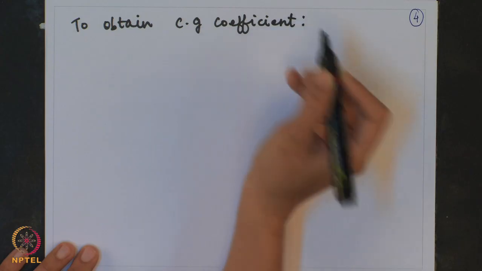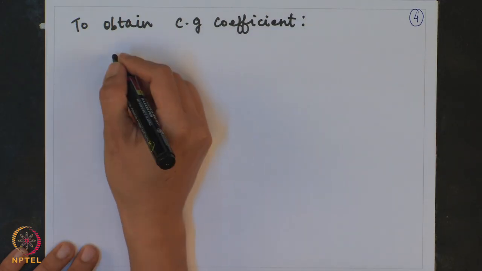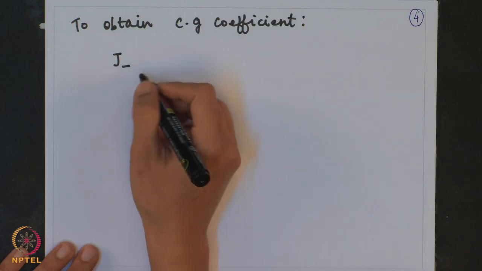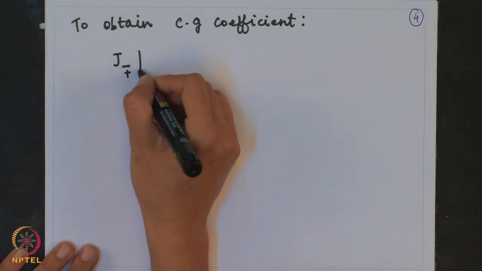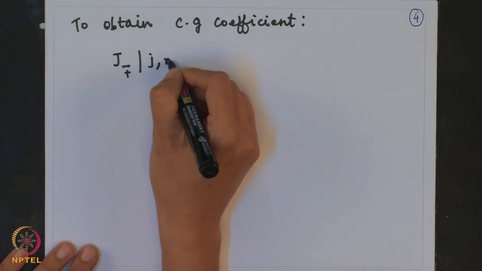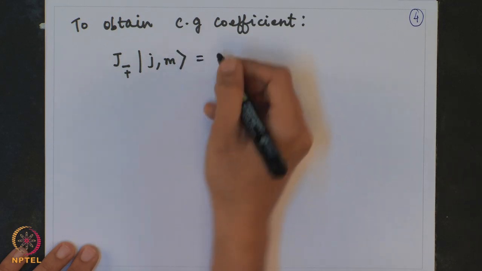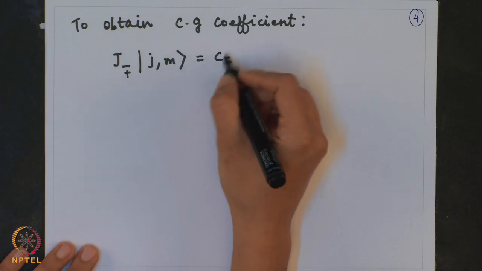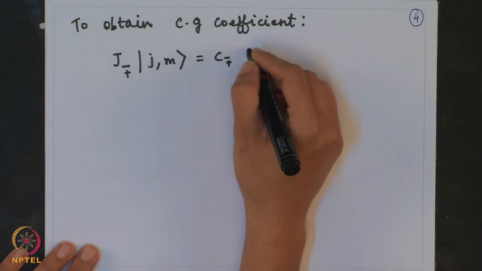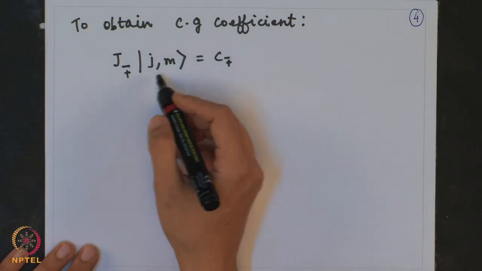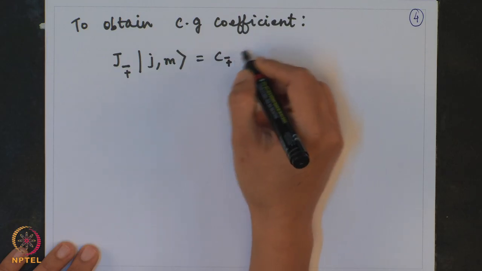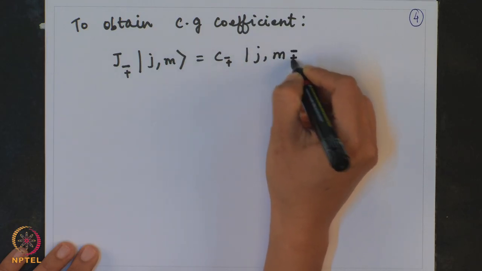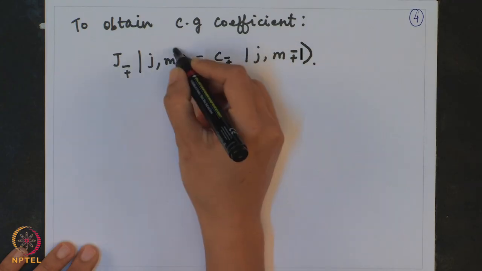we will use the ladder operator. You just recollect J minus or J plus when operated on a state, say J comma M, will give you C minus or plus, that is the CG coefficient that you will obtain, and now you know how to obtain these CG coefficients.